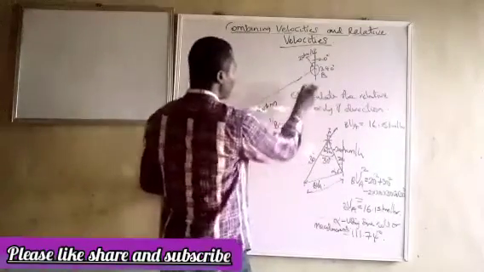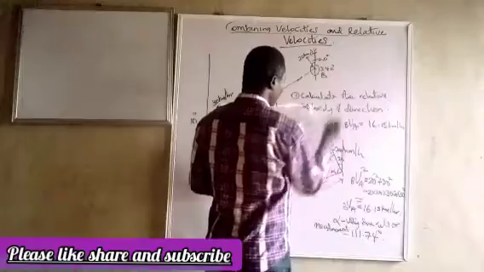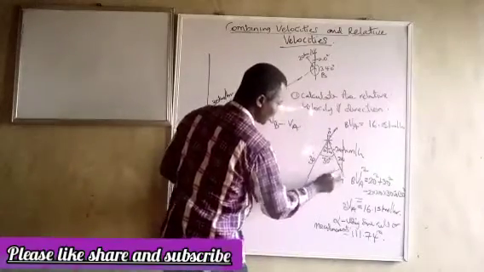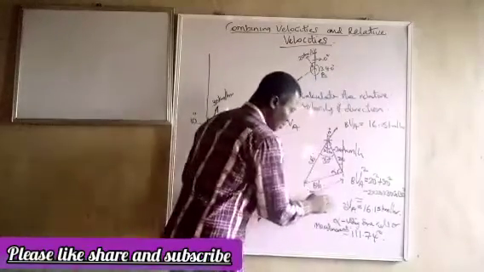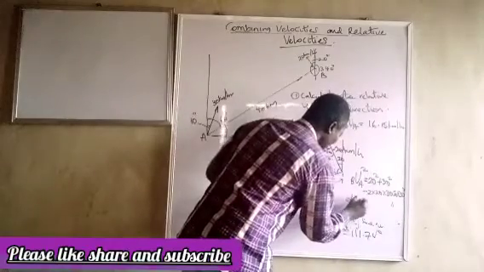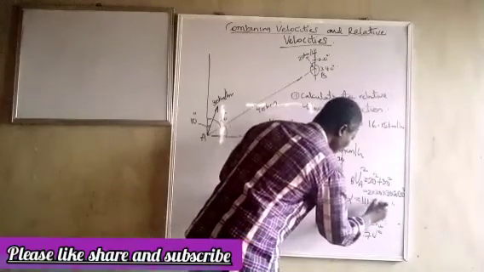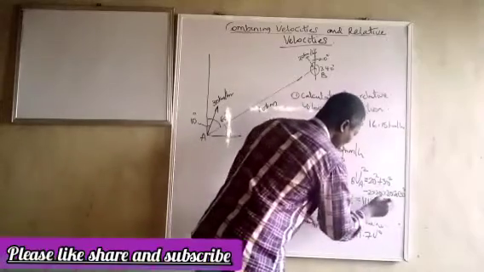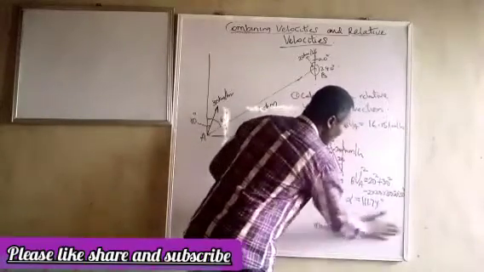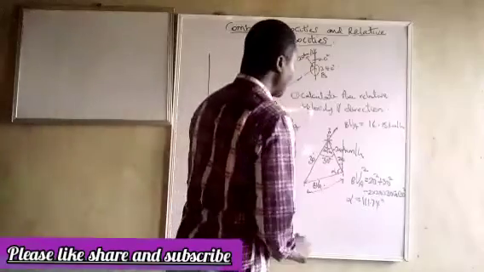And the angle between this place and this place, we got alpha equal to 111.74 degrees. So from this we really know the direction of this one, and what does that mean?